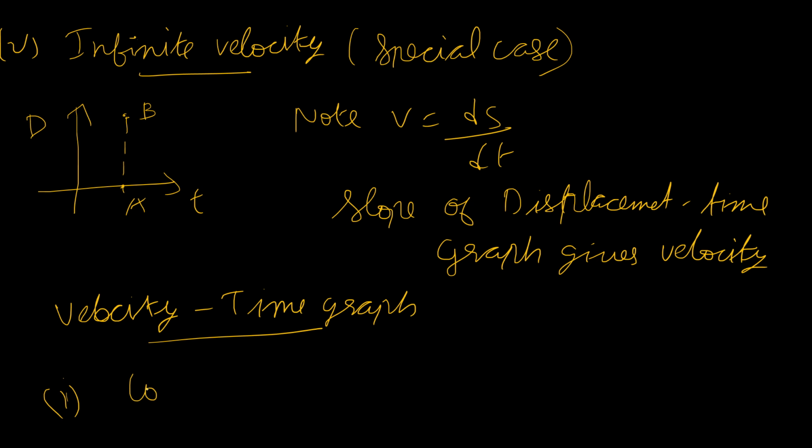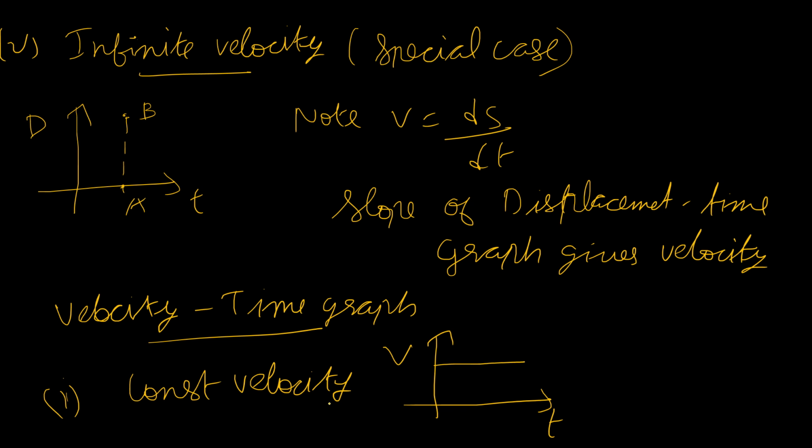First condition is constant velocity. The v-t graph will be like this. Constant velocity, it will be constant. Simple. Next is constant acceleration having zero velocity.